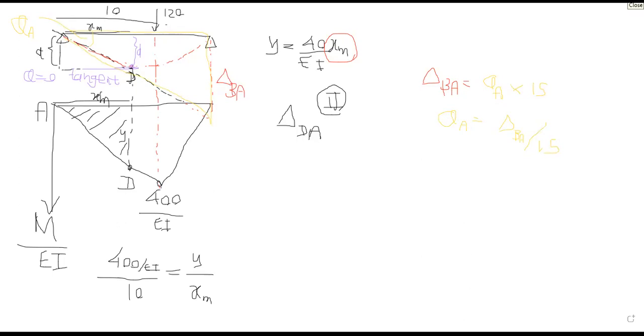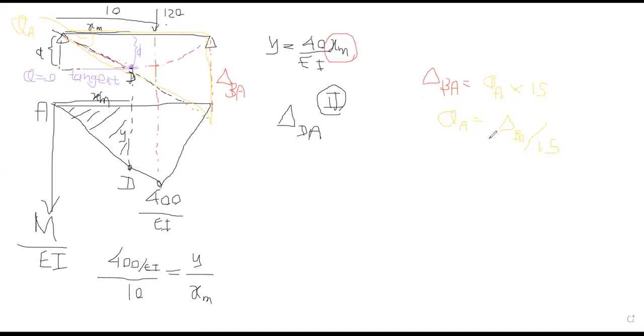And from here, I need to get rid of this delta, right? So how do I get rid of this delta? One possible thing is I can use Mohr's theorem.